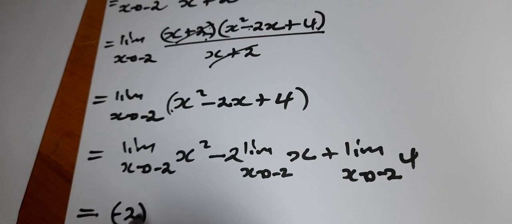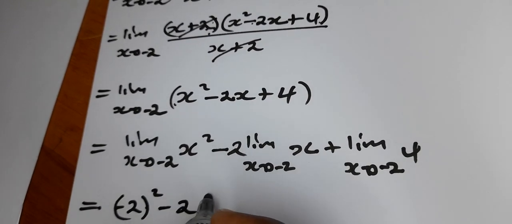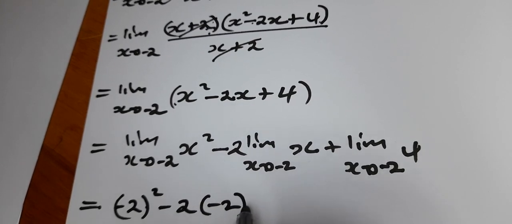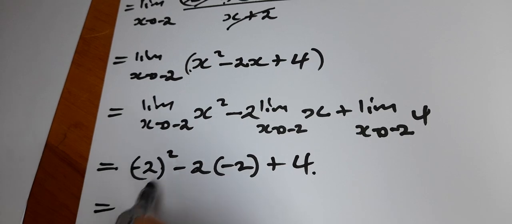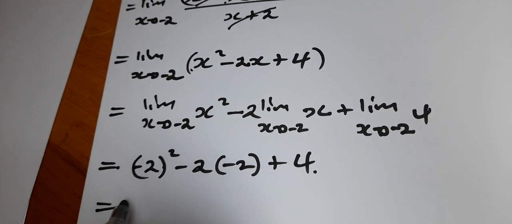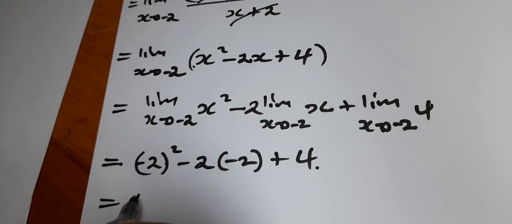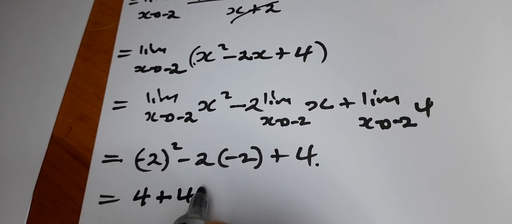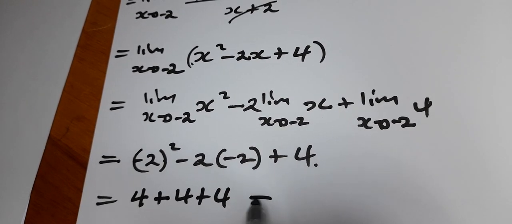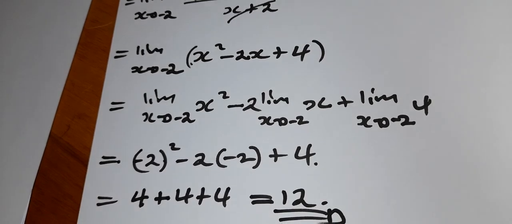Negative 2 all squared minus 2 and then minus 2. Then plus 4. This is the same as 4 and then plus 4 plus 4. This is equal to 12. Then this is your answer.